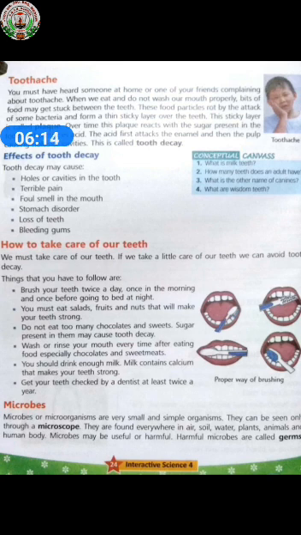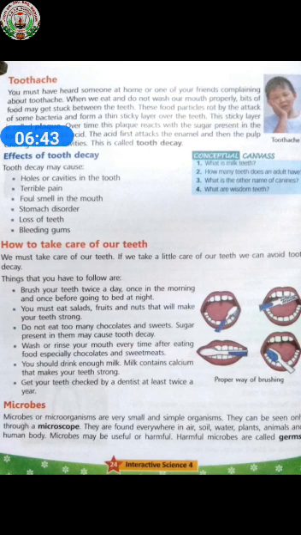So now see the book. You must have heard someone at home or one of your friends complaining about toothache. When we eat and do not wash our mouth properly, bits of food may get stuck between the teeth.